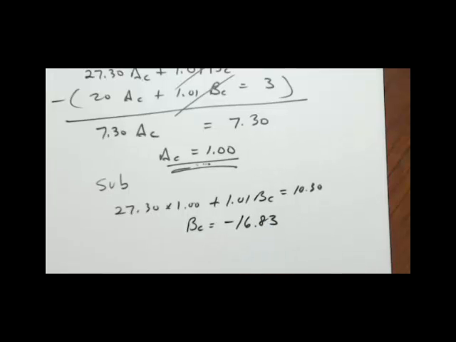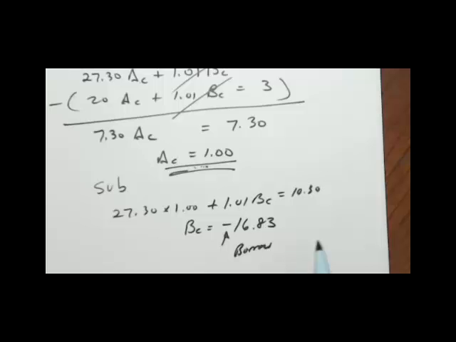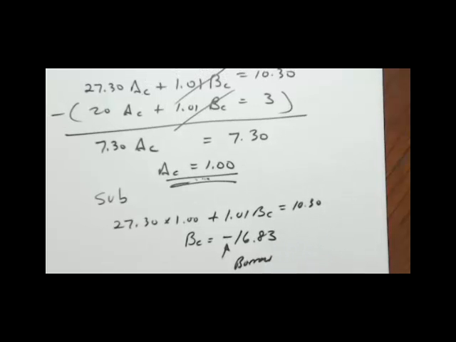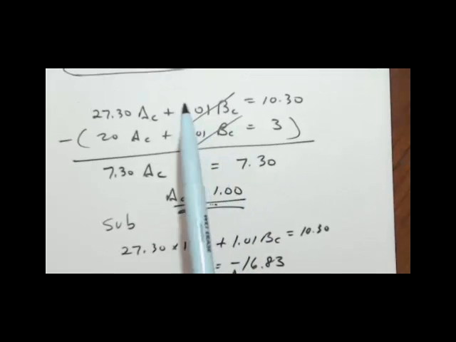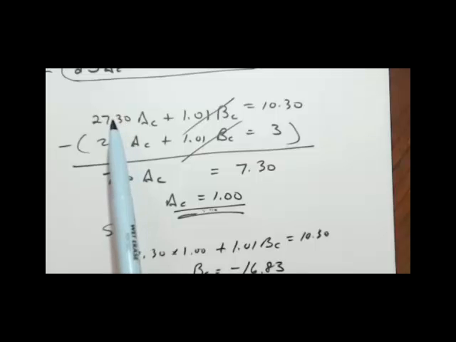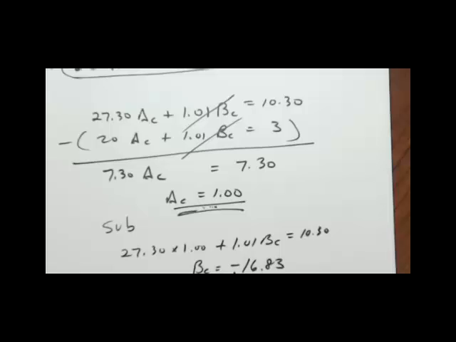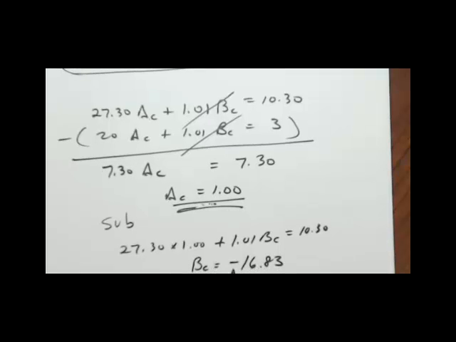The negative sign means that we're going to have to borrow money, which makes sense because we're going to have to borrow money to buy the stock. So we're, in a sense, self-financing it. So we have to spend $27.37 to buy the stock. We're going to borrow 16.83 of it to form this riskless portfolio.